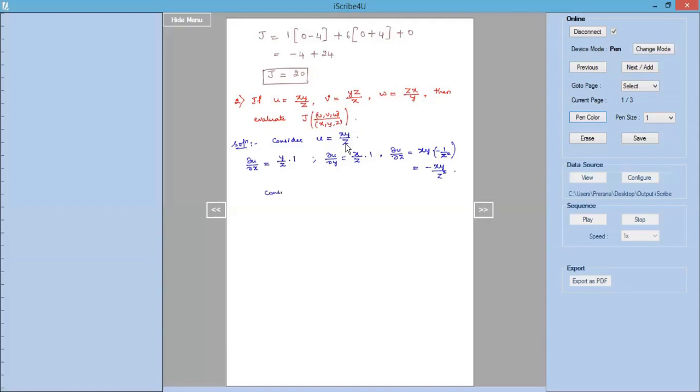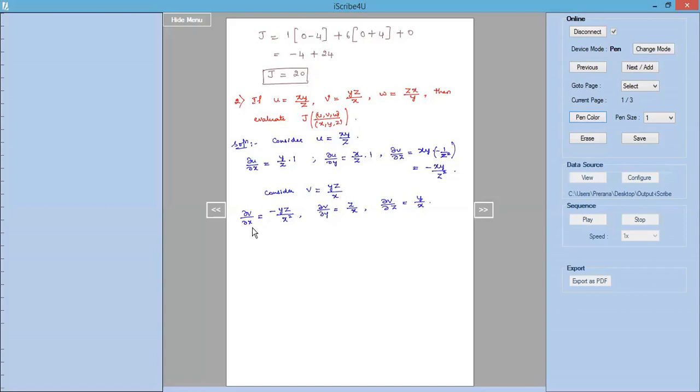Similarly, when we consider the function v, which is yz divided by x, we have the partial derivatives. Dou v by dou x is equal to minus yz divided by x square. Dou v by dou y is equal to z by x. Dou v by dou z is equal to y by x. Let me just explain how this is. Considering the function v is equal to yz divided by x.